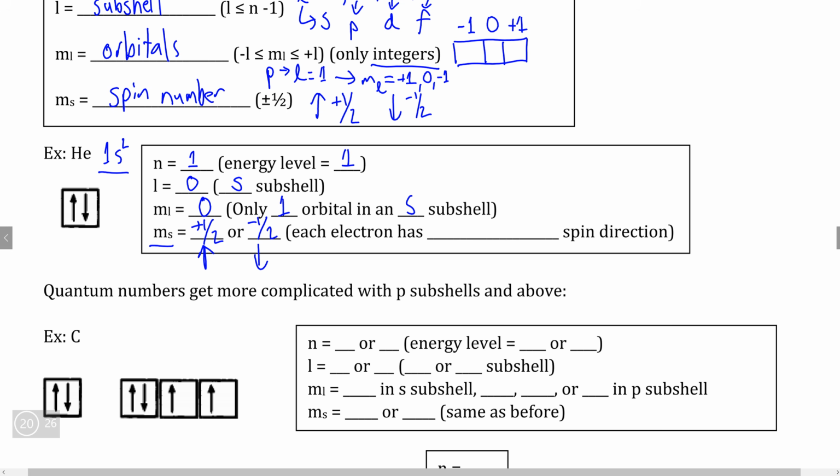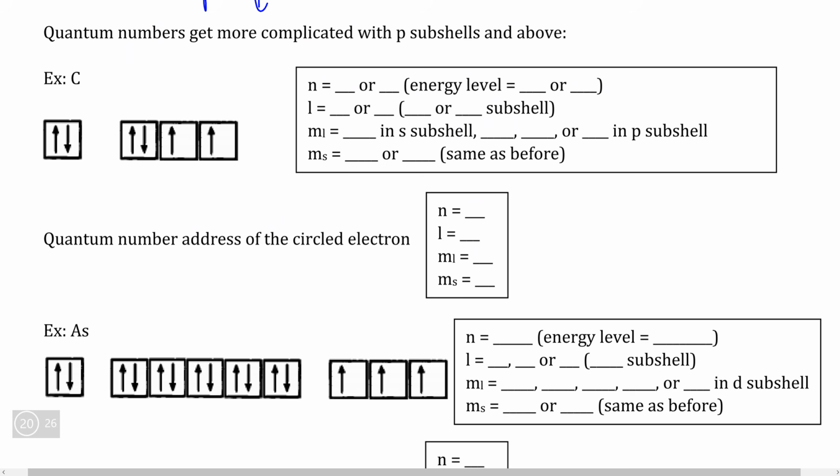And again, most importantly, with 2 electrons, each electron has to have the opposite spin direction, because it's impossible for 2 electrons to move in the same direction. They must be moving opposite to one another.